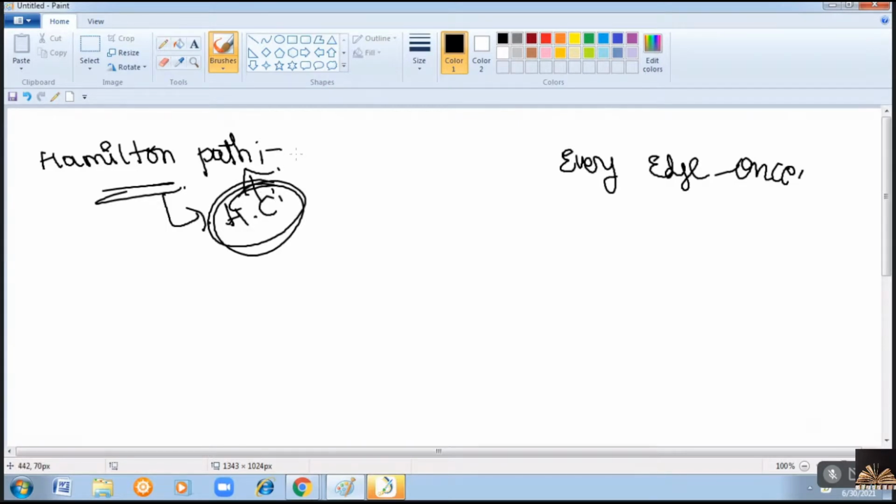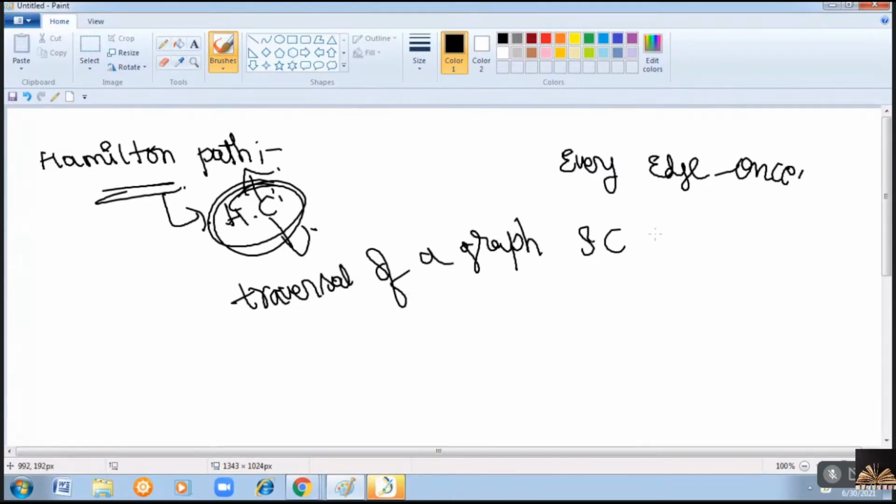What is a Hamilton circuit? A Hamilton circuit is a traversal of a graph such that every vertex is visited exactly once.